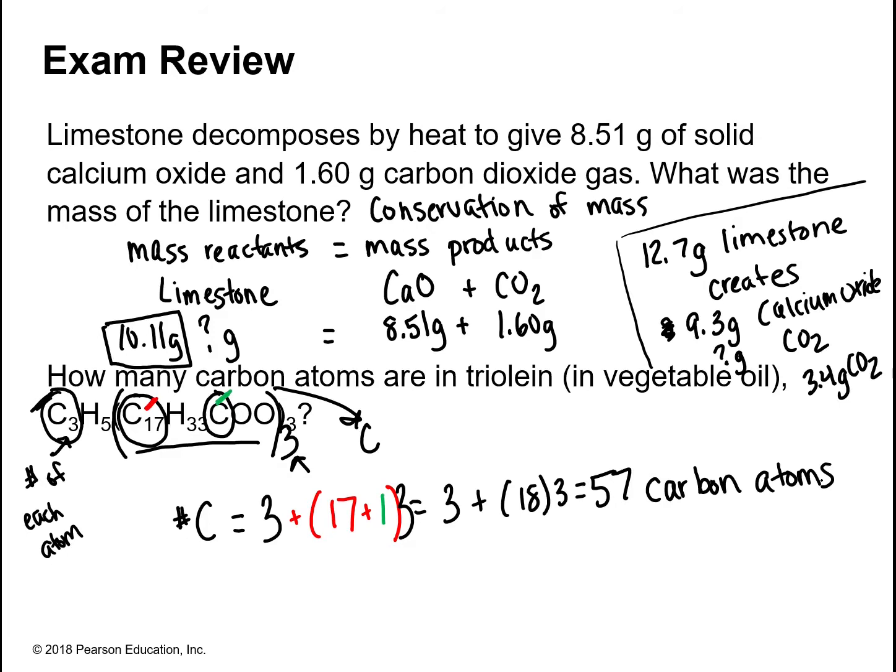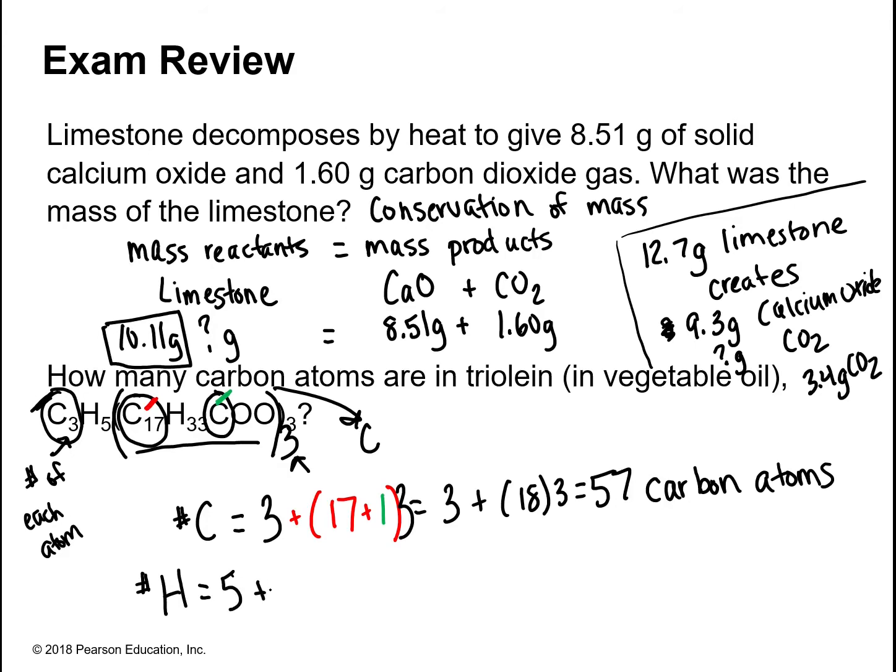Let's do one more practice for you guys who said help, just to make sure you got it. Now I want to know the number of hydrogens. I'll give you a minute. I want you to calculate the number of hydrogens in this molecule. I like what I see.